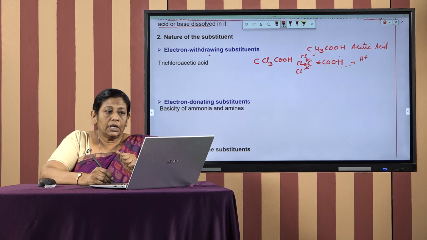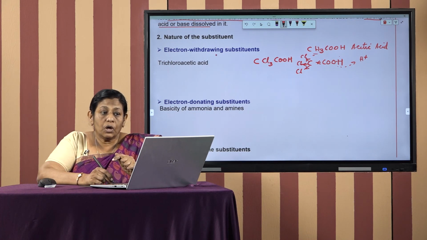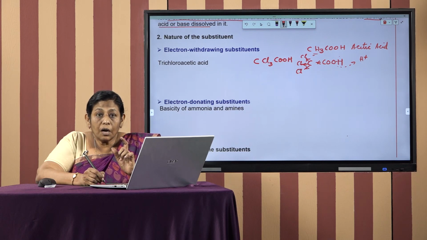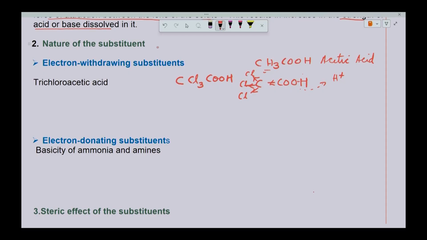So, that is what we say, that when electron withdrawing substituents are present, the acidity increases. Okay.